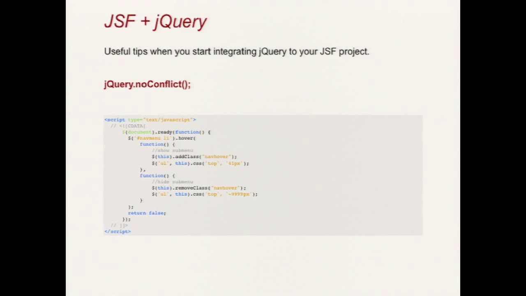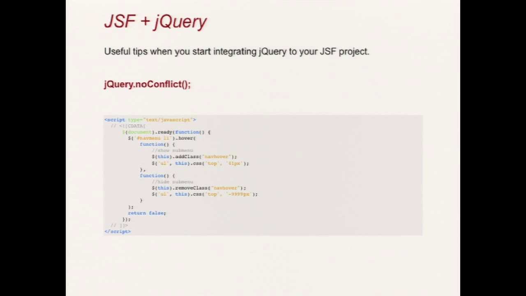We have a few useful tips for when integrating jQuery initially into your project. First, like many other JavaScript libraries, jQuery uses a $ symbol as a function or a variable name. In jQuery, this is just an alias, so you can rename it to avoid any conflicts.